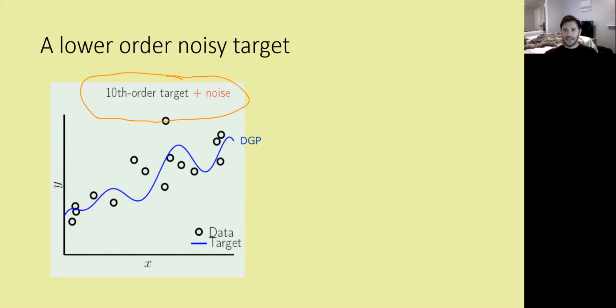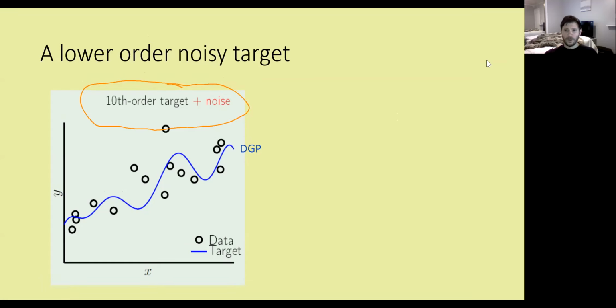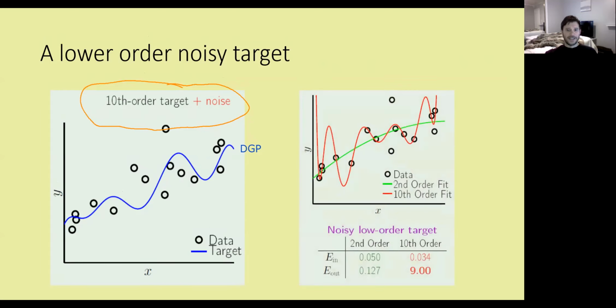One is a 10th order polynomial, which is going to really match the complexity of the target, which we actually know in this simulation. But the problem is that the 10th order polynomial over here in red does not do a fantastic job of predicting the blue function.